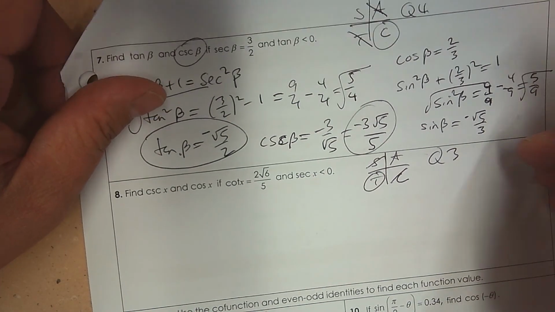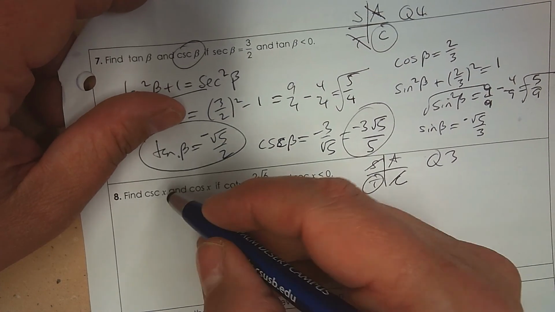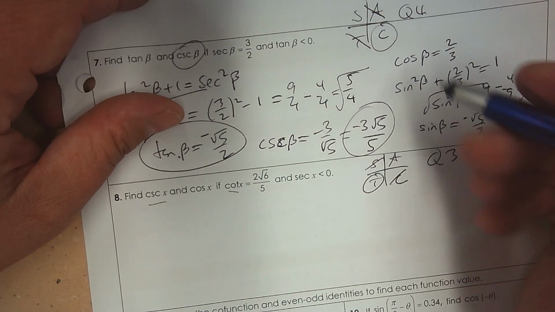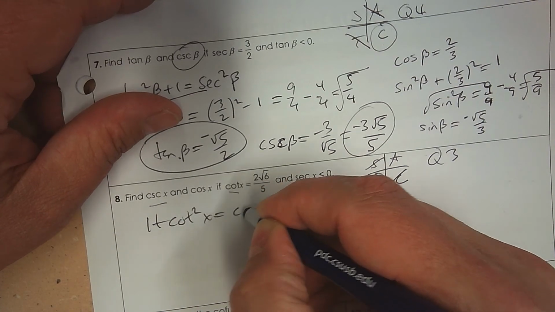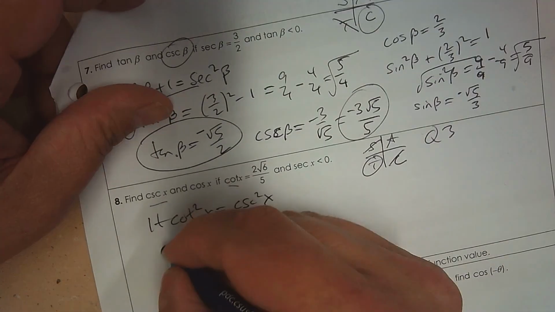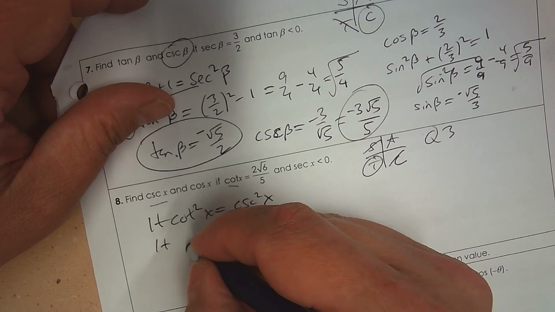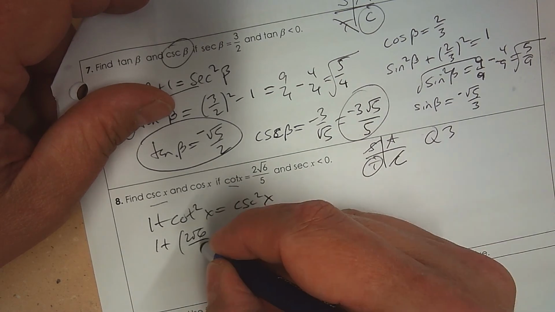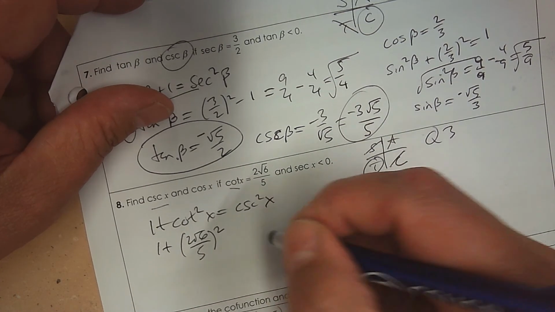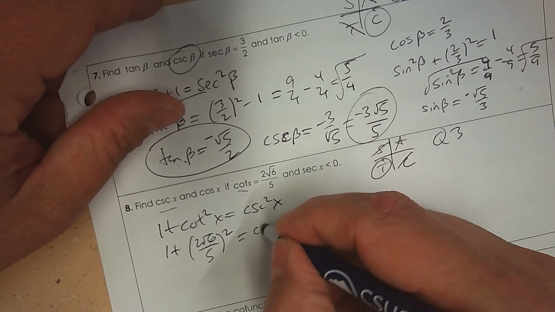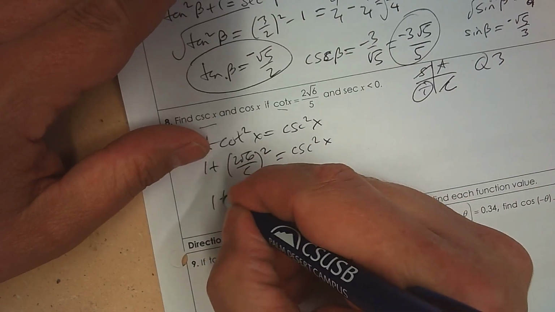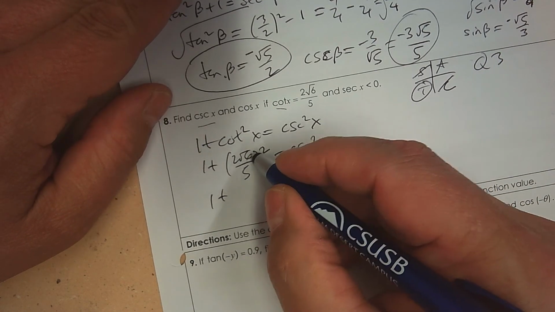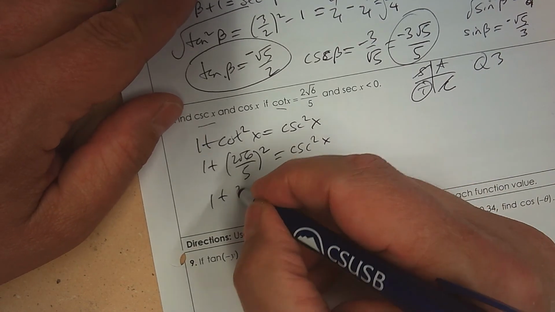Next, there's an identity that connects cotangent and cosecant. So 1 plus cotangent squared is equal to cosecant squared. If cotangent is 2 root 6 over 5, I can then solve for cosecant squared. Root 6 squared is 6, 2 squared is 4, so it's 6 times 4, which is 24 over 25.